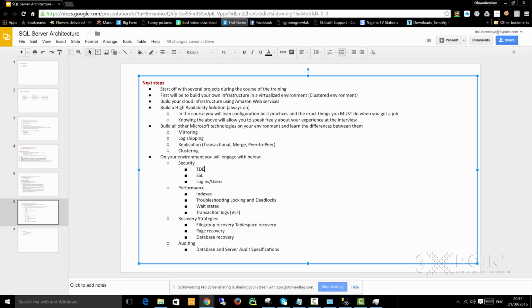A quick question: what do I need to build my infrastructure? What do you recommend? The only thing I'm going to recommend right now is your host computer. You're going to start with VMware before we go into the cloud. So for your host computer, you want to try and have a good configuration.